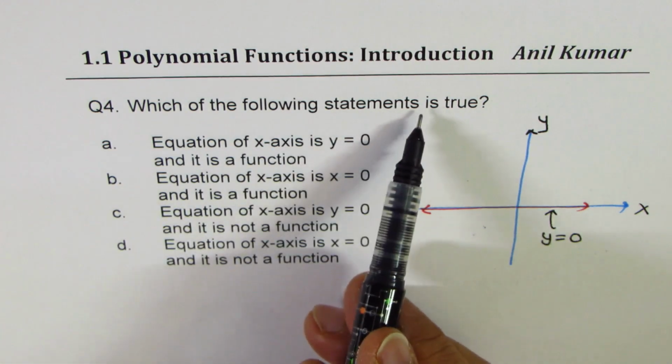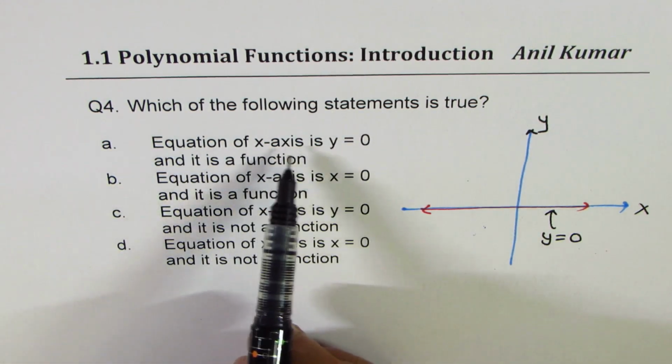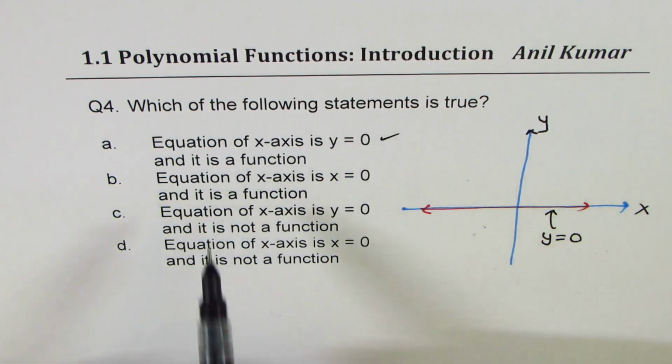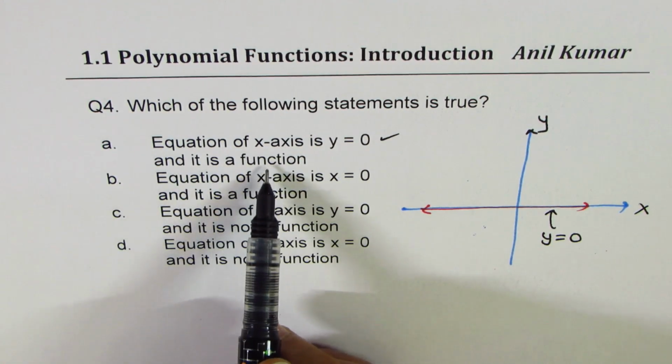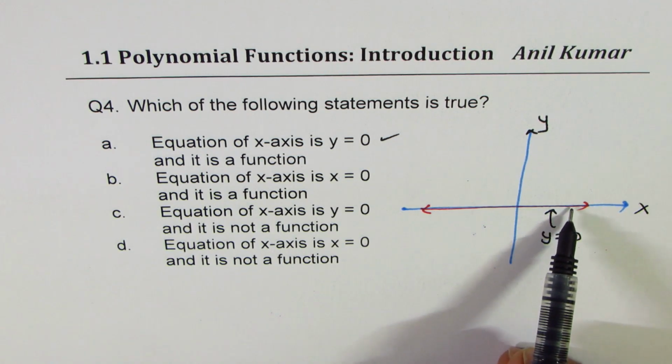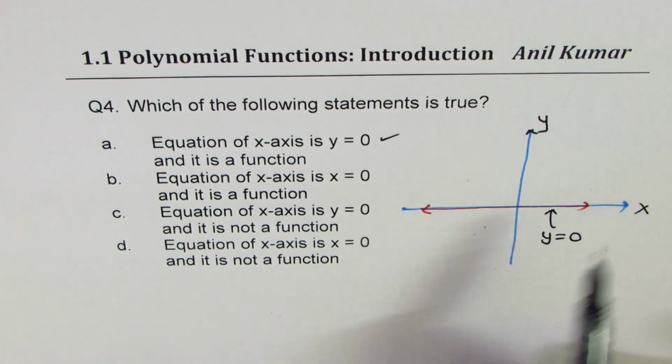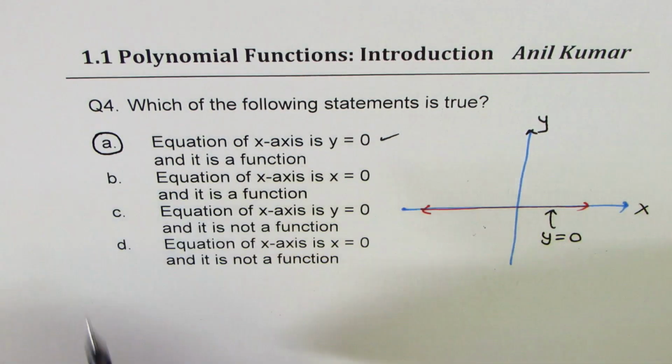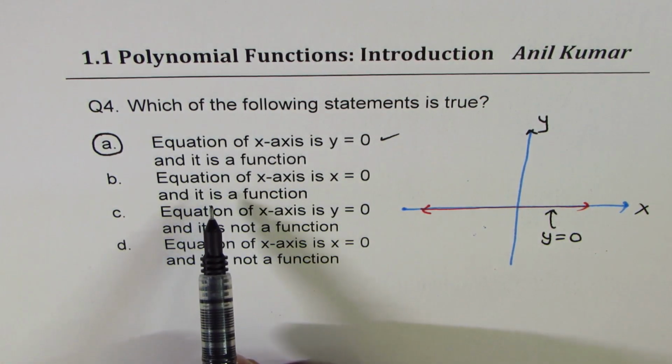Which of the following statements is true? Equation of x-axis is y equals 0. That is correct. And it is a function. Yes, it is a function. Correct? For each x value, we have one value of y, which is 0. So that is definitely correct. Let's look into the other options.